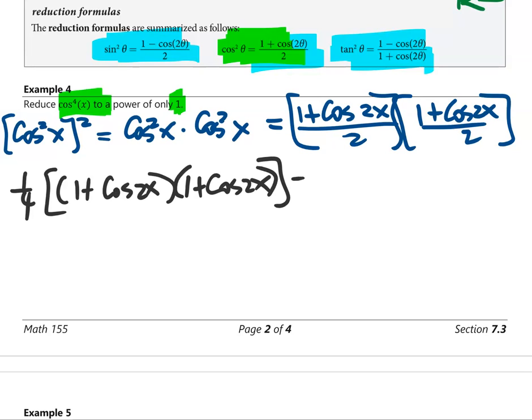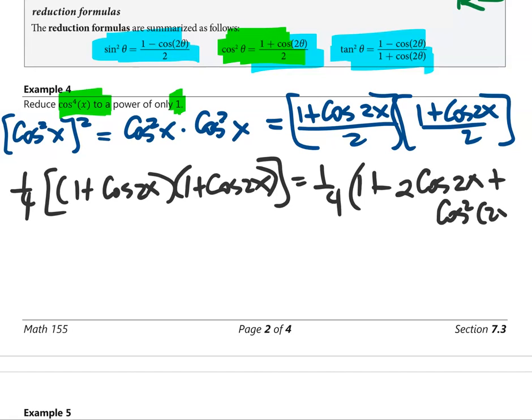Then 1/4, 1 times 1 is 1, cosine 2x plus cosine 2x, that is 2 cosine 2x, plus cosine 2x times cosine 2x is cosine squared 2x.